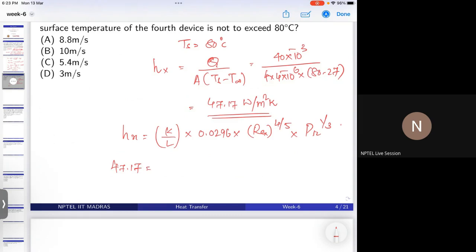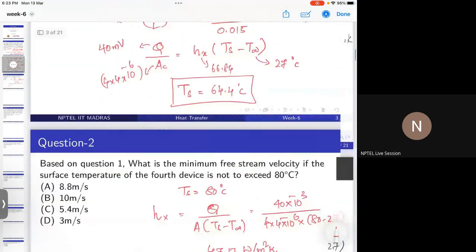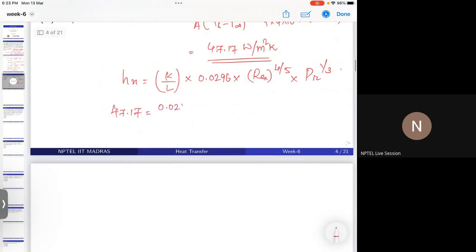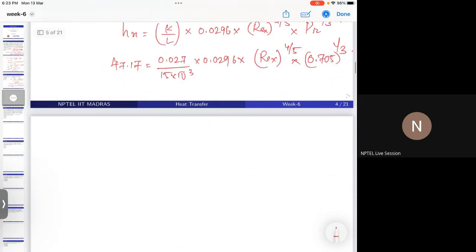K is 0.027, into 15 into 10 raised to minus 3, 0.0296. The Reynolds number is the quantity we need to find out. Prandtl number we know, it's already given. So we need to find out the Reynolds number.